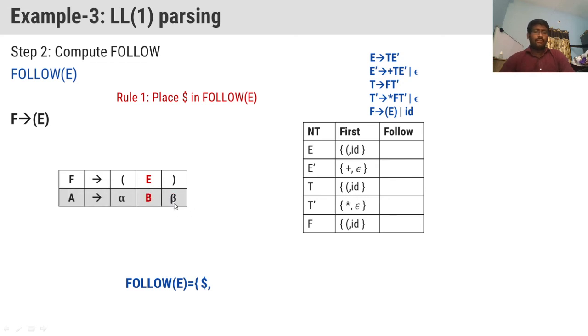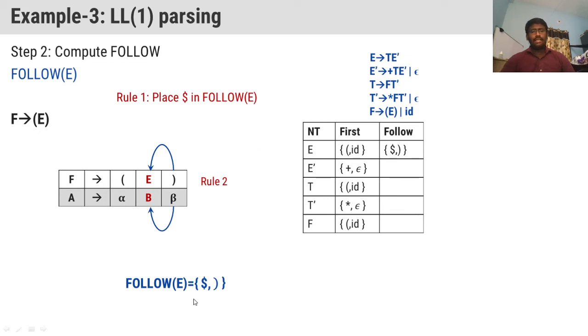So if the symbol beta is present here, but beta is a terminal, we will simply add that terminal, the right parenthesis, to the follow set. Now follow of E equals dollar comma right parenthesis. This is our rule number 1: we simply add dollar to the follow of E because E is a starting symbol.